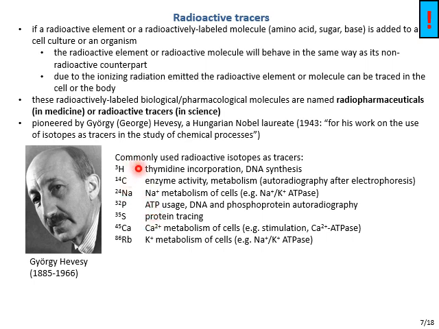As you can see, basically any kind of metabolic process, let it be amino acid metabolism or DNA synthesis or the functioning of ion pumps, so basically anything you can think of, can be followed or traced by the application of radioactive isotopes.